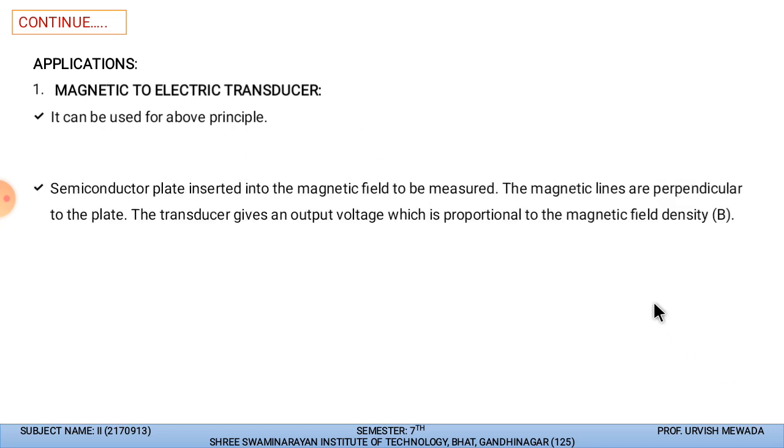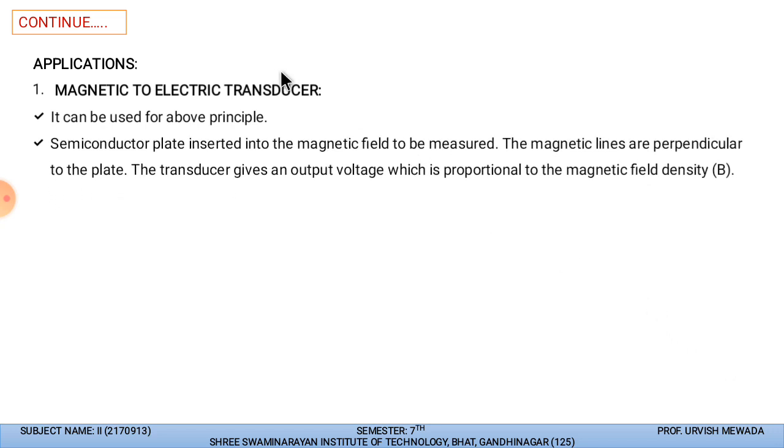Now the application of the Hall effect sensor: generally we use it as a magnetic to electric transducer. A semiconductor plate is inserted into the magnetic field to be measured, and the magnetic lines are perpendicular to the plate.